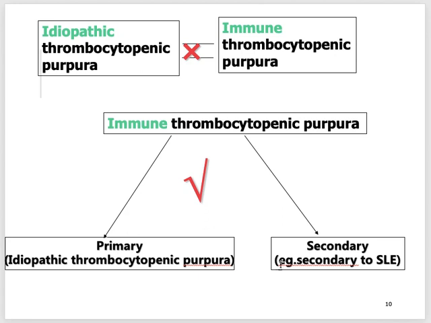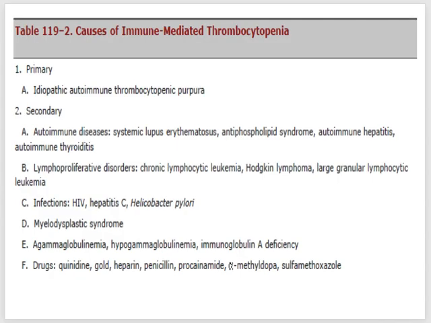You can include one more, which is a type of secondary called drug induced, because certain drugs can also destroy platelets. These are the list of the drugs you can see. Okay, they destroy platelets, and the patient can develop thrombocytopenia.